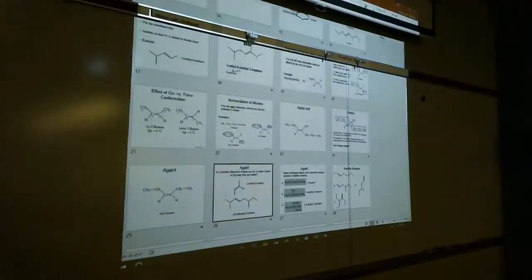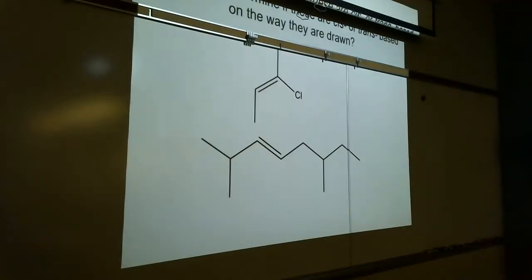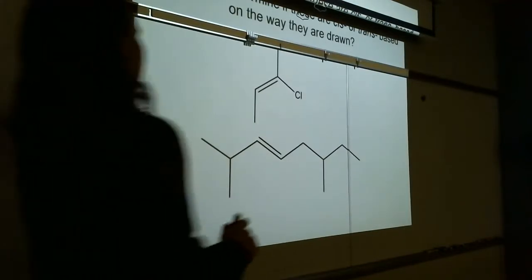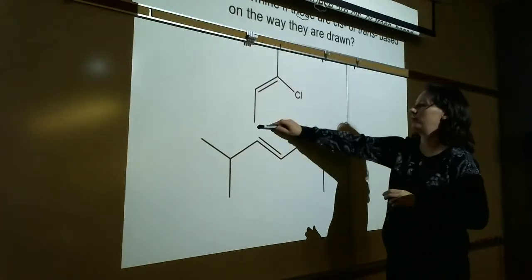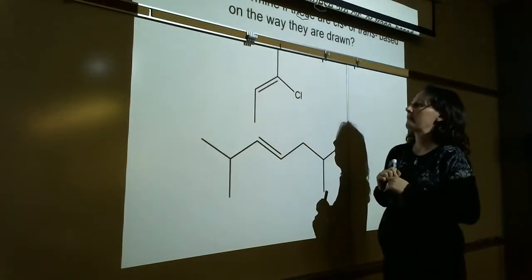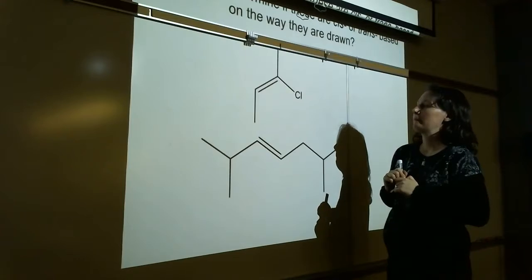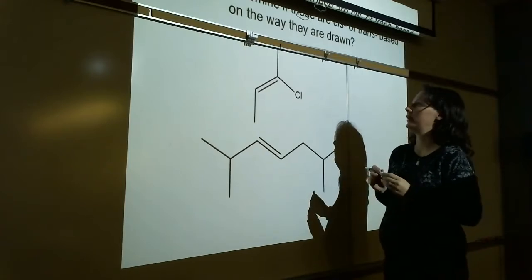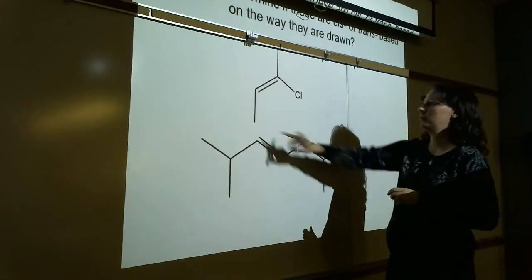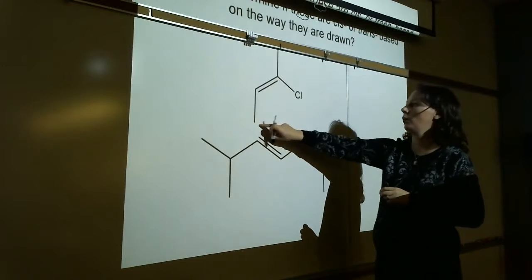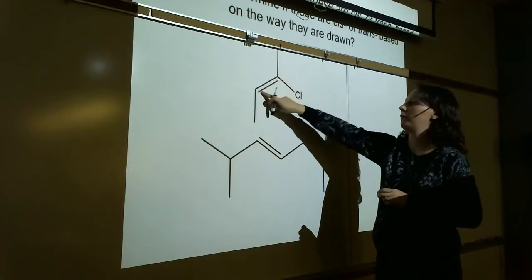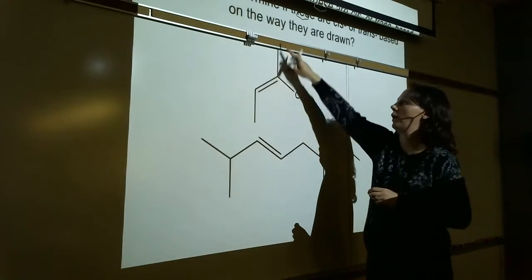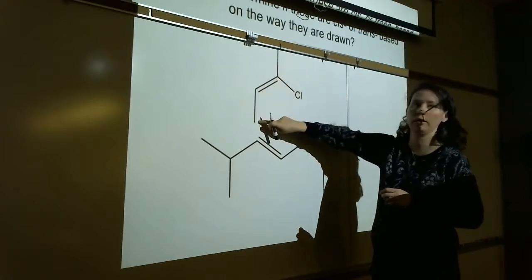Let's see if we got these. Okay, so where are we going to start numbering? From here or from here? Oh, yeah, it does matter, right? So where are we going to number? On the bottom, are you sure? 1, 2, 3, that gives my substituent being on number 3, and my double bond being on 2. 1, 2, 3, 4.